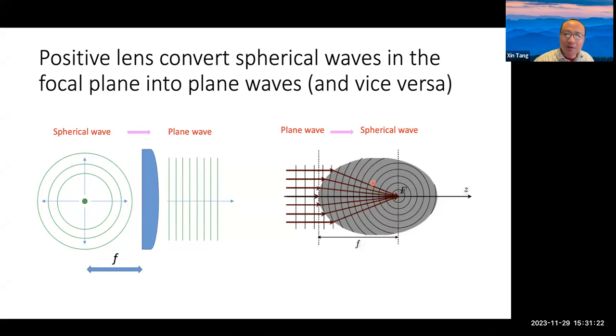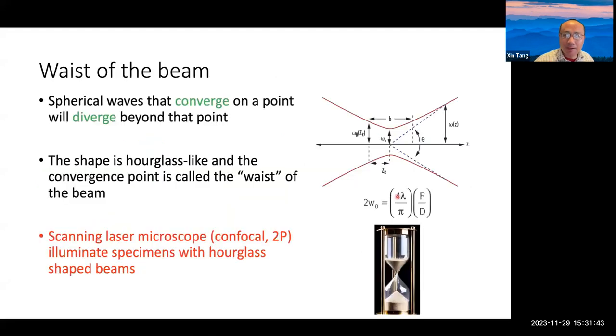Now, I mentioned this before, that the point, after it gets imaged into the imaging plane, is actually not a point anymore. I mentioned this before, right? So why is that? That is because if you look at this focus point, you will find that it actually is not a point. It's actually finite.